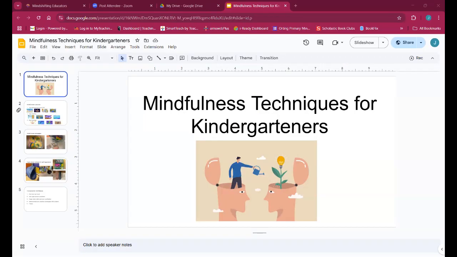Okay. So I have been teaching kindergarten for years now. One of the things about our youngest learners is that we can't just explain mindfulness; they learn best through engagement with it.